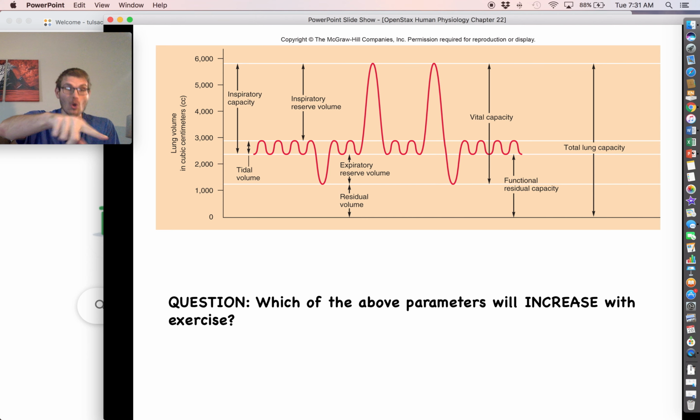Imagine what your graph would look like if you have just been exercising. So you're going to be breathing kind of heavily. So imagine what your spirometry graph might look like after you've been exercising, and we can discuss the answer to this question on Wednesday or Thursday, depending on which class you're in.